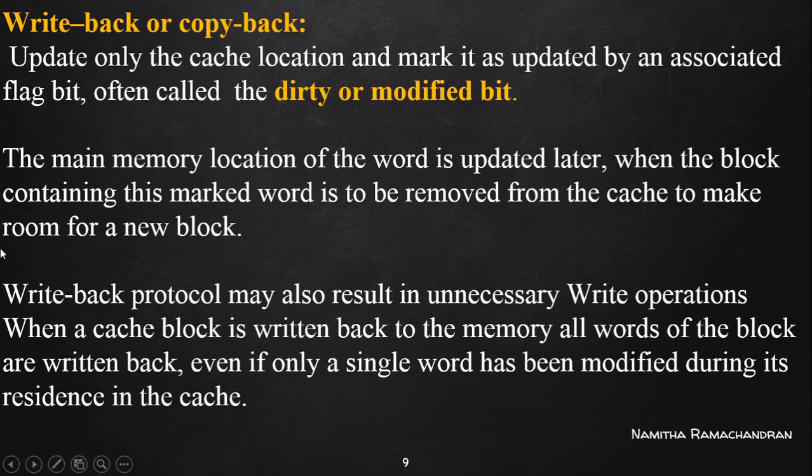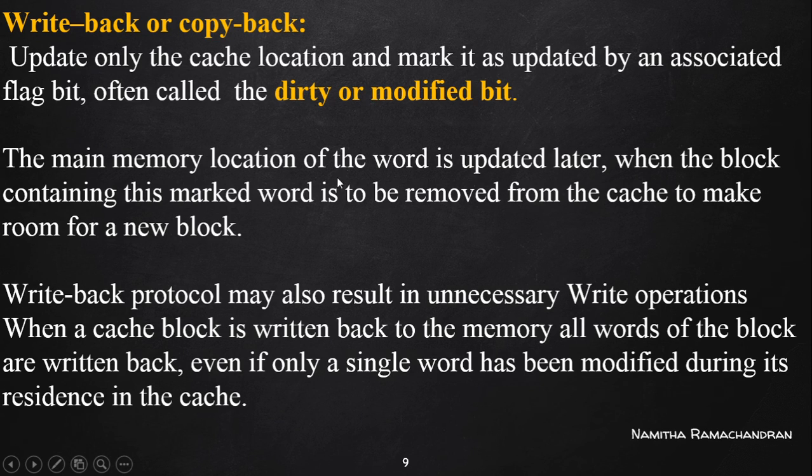That particular flag bit associated with the memory word is known as the dirty or modified bit. With the help of this flag bit, the processor can update the cache copy only and also change the flag bit value in order to indicate that that particular word is updated.